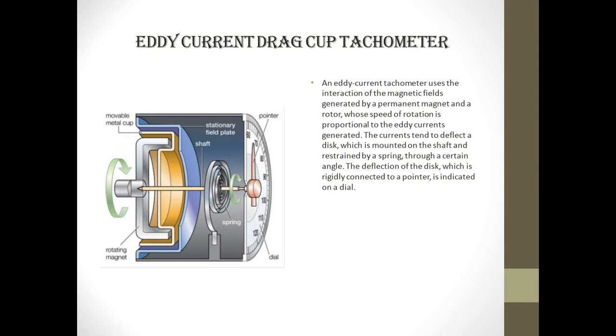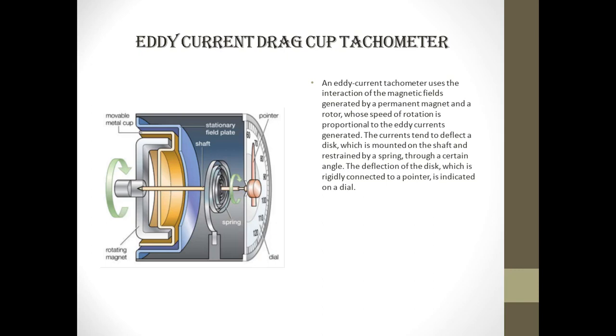Now the light inertia rotor is highly conductive and acts as a short circuit. Due to the rotation of this magnet, eddy current is developed on the surface of this movable metal cup, and that produces a torque.